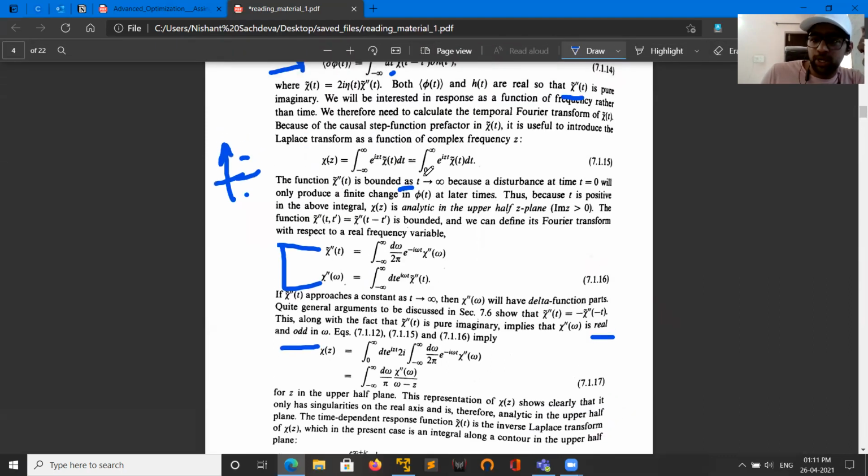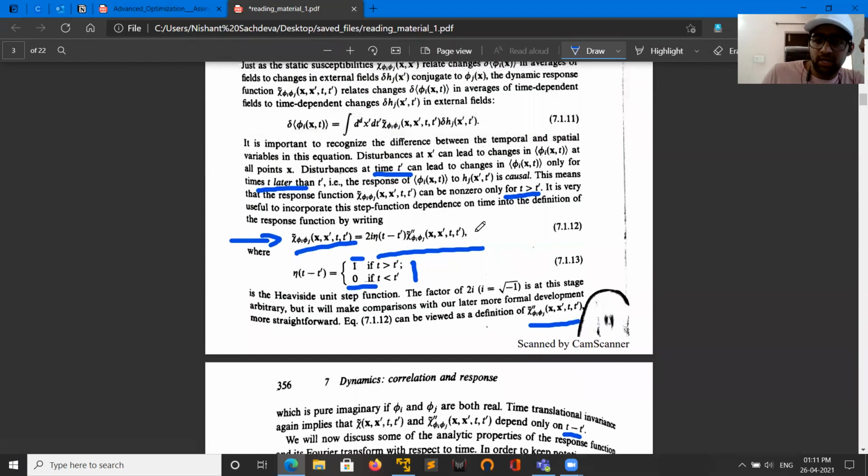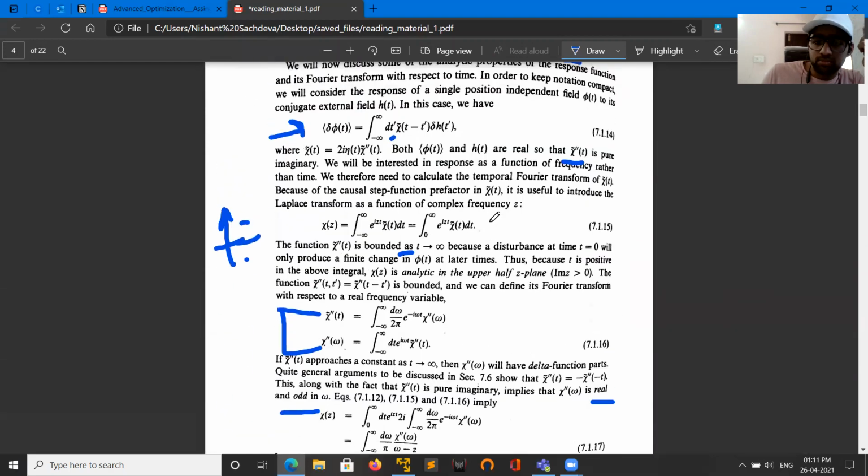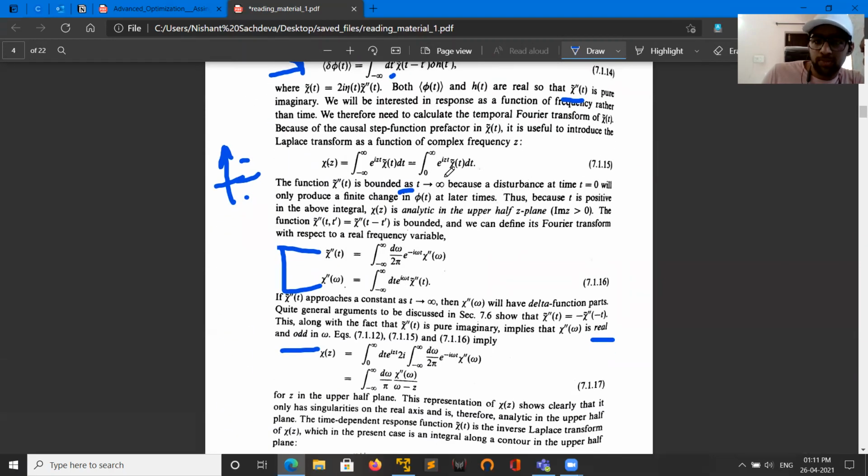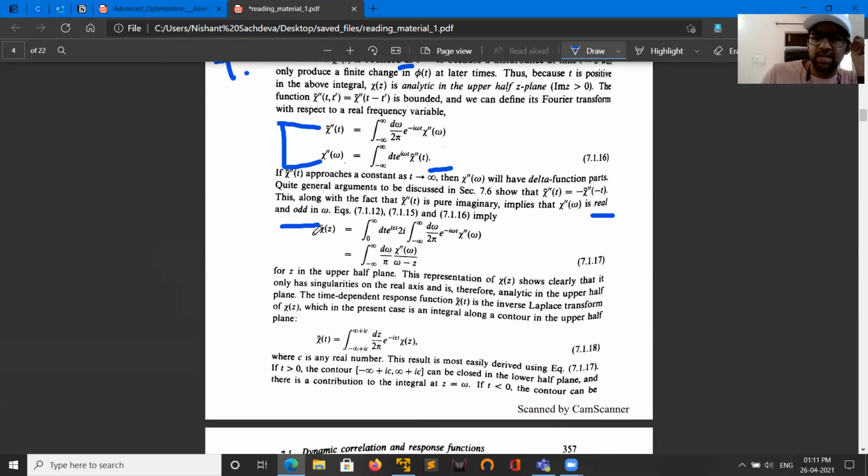So equation 7.1.12, which we did over here, and then 7.1.5 and 7.1.16 imply that χ(z) will be given as the integral from 0 to infinity of this and minus infinity to infinity of this. Turns out we have to do a bit of mathematics. We open and we transform variables, and then we come to this particular state.